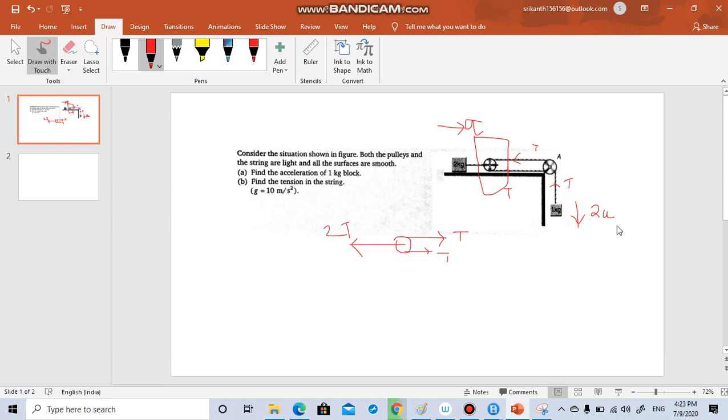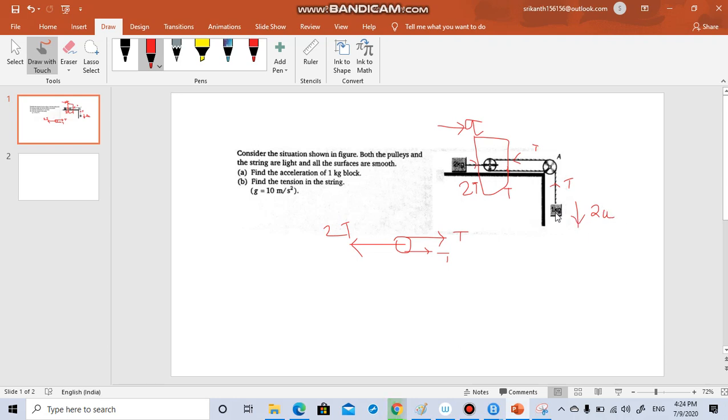Okay, if 2T, this block, see, there is a 2T here. Okay, just now we have analyzed. If 2T is the tension over here and the block is accelerating with A, that means with T force, which is less force, it will accelerate more.